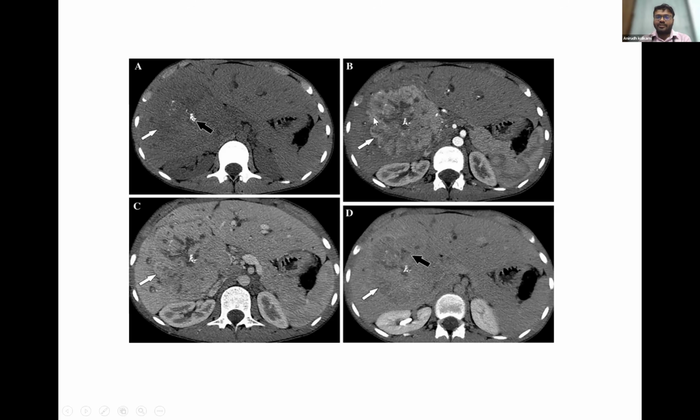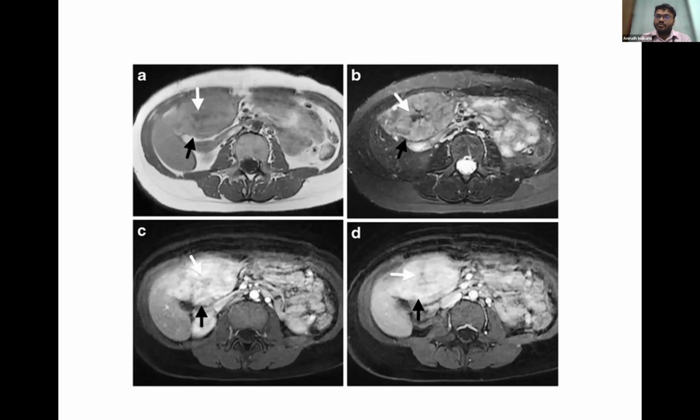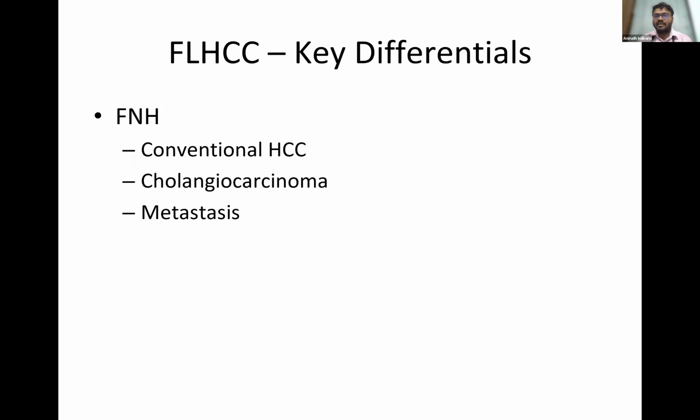On CT you are seeing the calcification. So that's why I'm telling, if you have seen a case on ultrasound, then you do a CT, you are not able to see the calcification, you have doubt FNH or fibrolamellar HCC, you take a T2 cut, just take MRI T2 cut, T2 hypointense scar. Oh God, this is fibrolamellar HCC. Why? Because FNH will have T2 hyperintense scar.